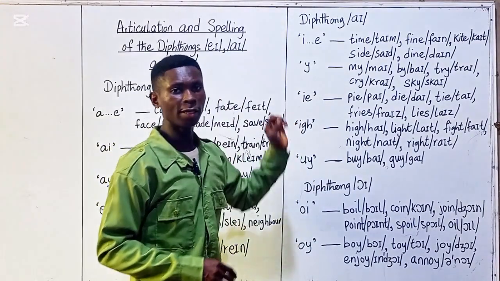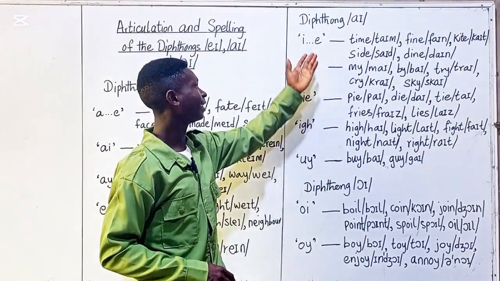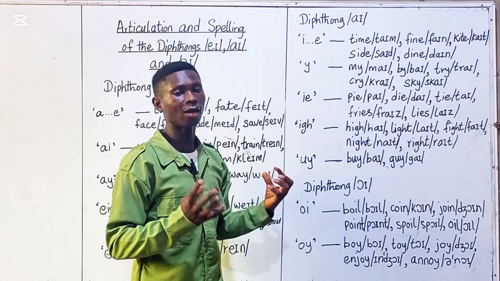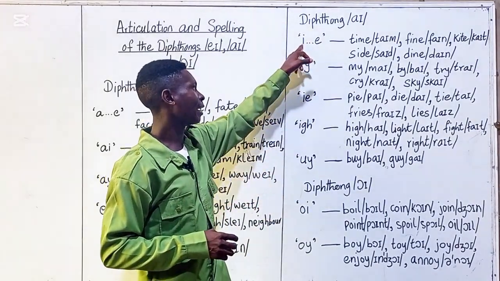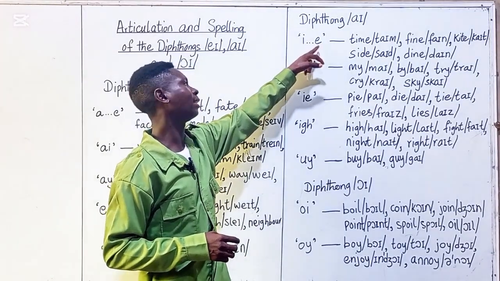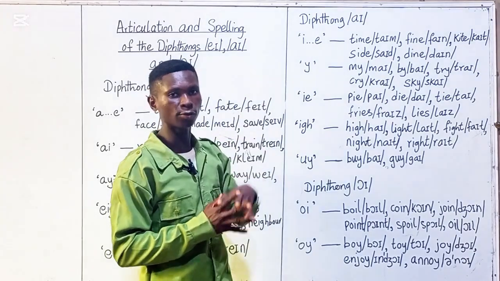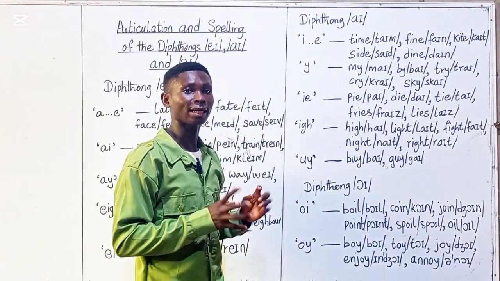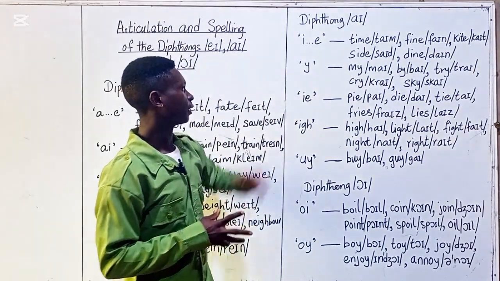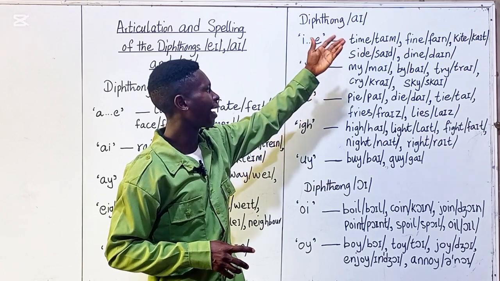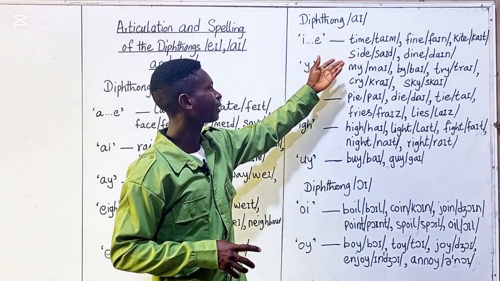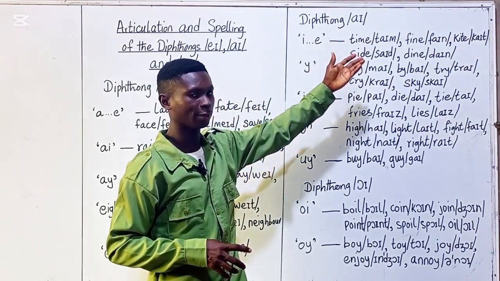Let's also consider the diphthong I. The very first spelling of the diphthong I is equally a combination of vowel letters, but in this case, it is vowel letters I and E. Then in between the two vowel letters, we have a consonant letter. Typical examples are in words like time, fine, kite, sight, and dine.